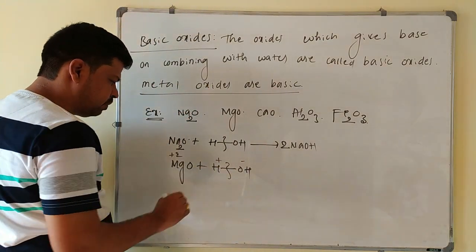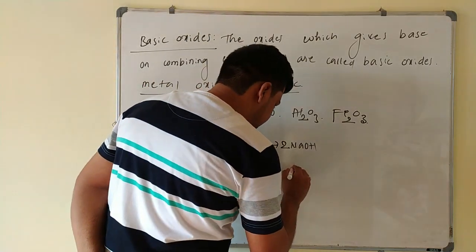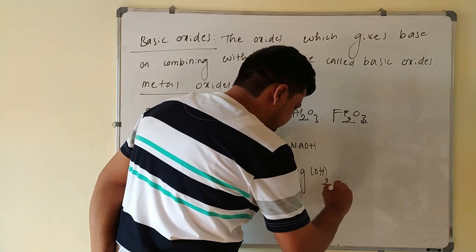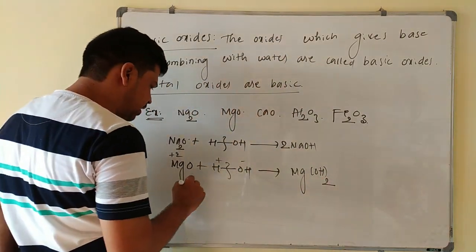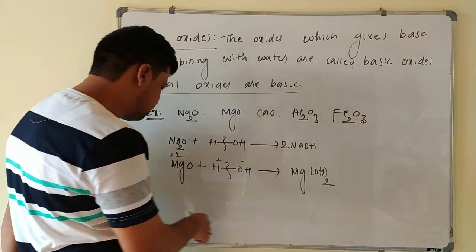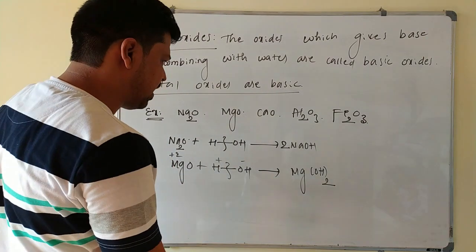Mg plus 2 reacts with OH minus 1. So it forms Mg(OH)2, 2 times of OH is required. So this is 2 OH. Okay, 1 magnesium and 1 magnesium. So this is magnesium oxide.